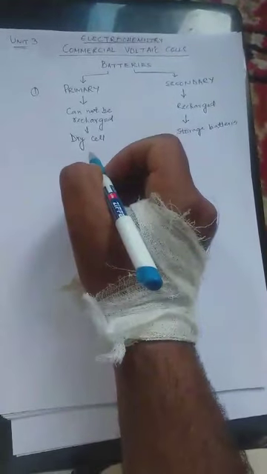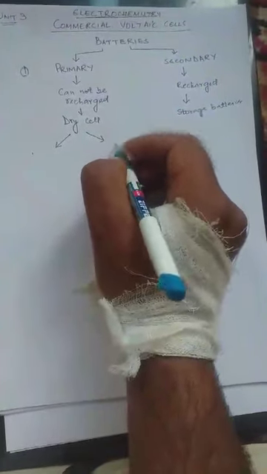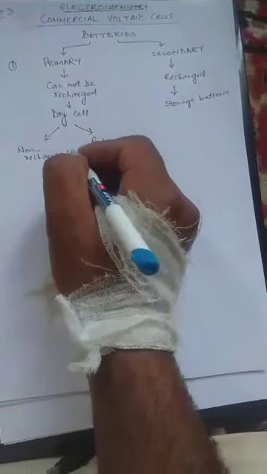Dry cells can be of two types. One is those cells which cannot be recharged, and the other is rechargeable dry cells. In non-rechargeable dry cells, you see Leclanche cells.